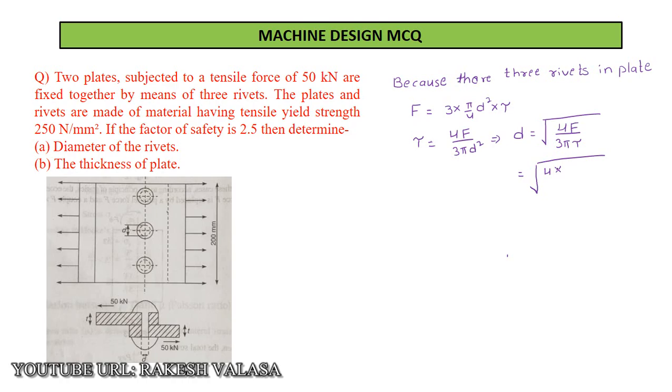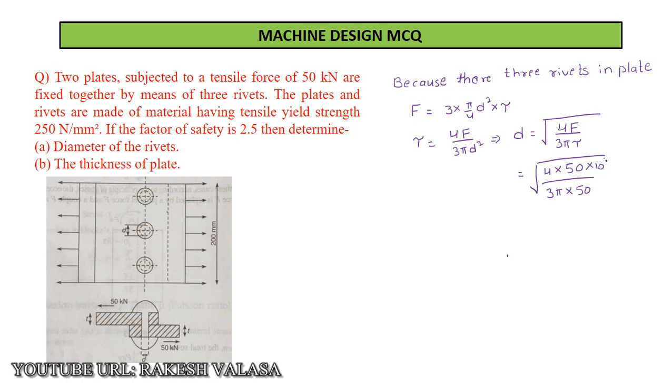shear stress is 50 Newton per mm square. Substitute here, divided by 3 pi into tau. Tau means shear stress, that is 50. This is the force acting on the plates, that is 50 kilonewtons, that is tensile force. So 50 into 10 cube.